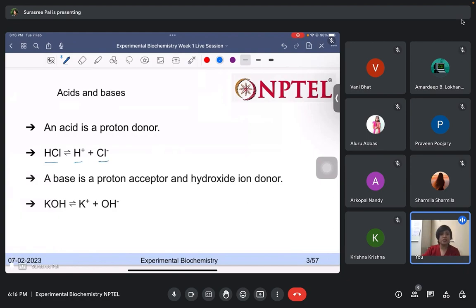A base is a proton acceptor, or it is also called a hydroxide ion donor. So, for example, potassium hydroxide, KOH, when it dissociates, gives K plus and OH minus ions, right? So that is acids and bases.